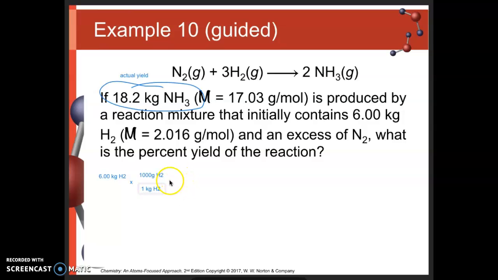And then now that we have grams, we can turn those grams of hydrogen, 2.016 grams of hydrogen for every mole of hydrogen.